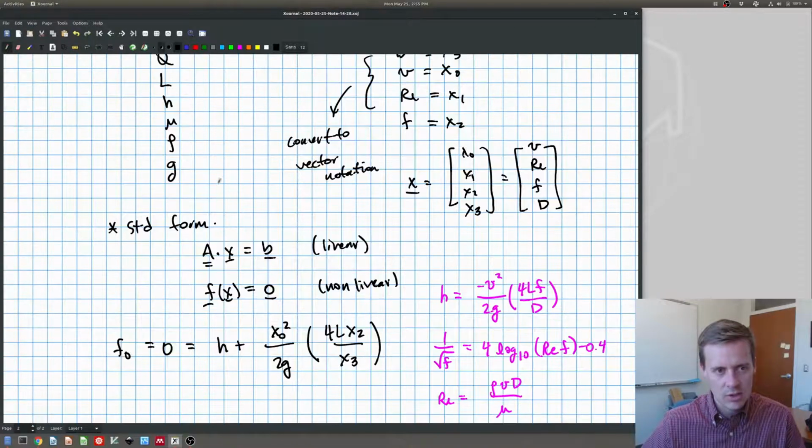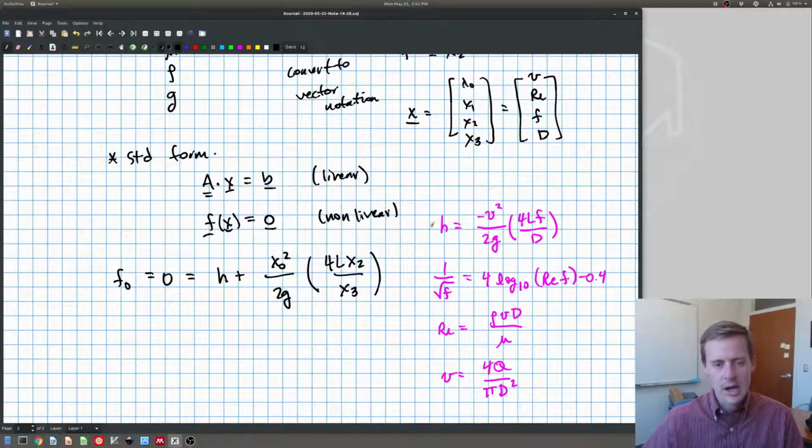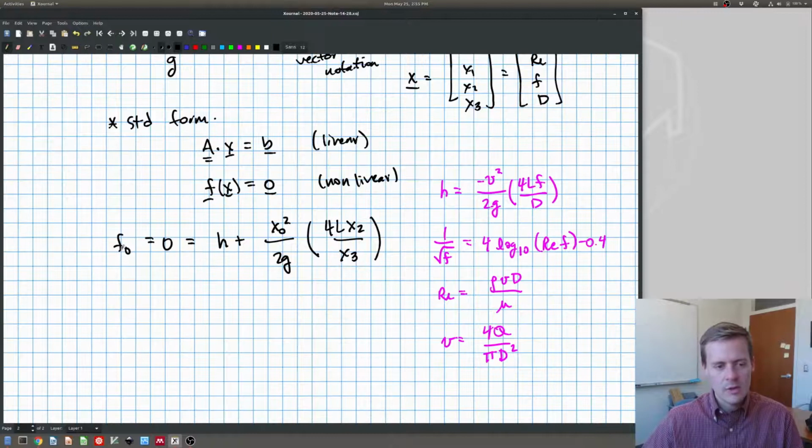So h is a known, l is a known, and g is a known. Notice that I used the standard notation. I brought this over here, it doesn't matter either way, it can multiply by minus 1, so that I set this equation equal to 0. So my f0 is this one.